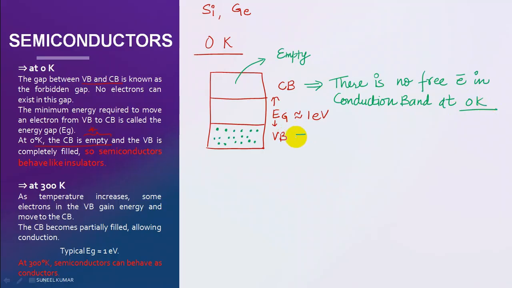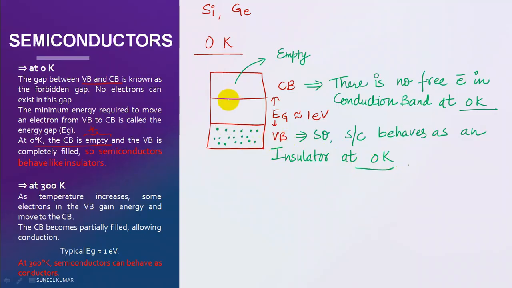So we can also write that a semiconductor behaves as an insulator at 0 Kelvin. Now as we increase the temperature, what will happen?